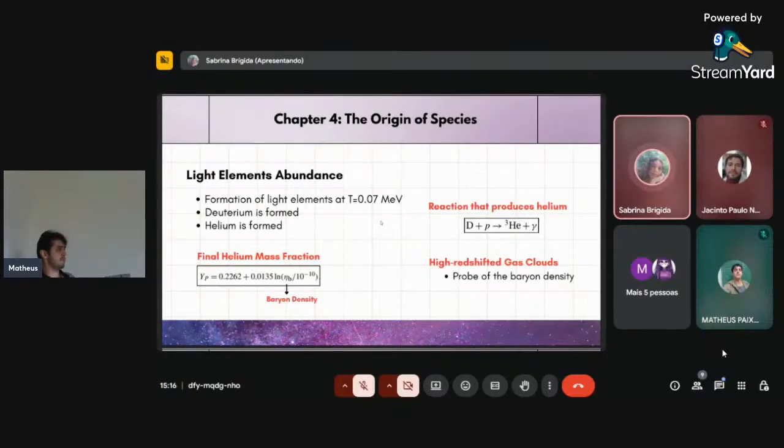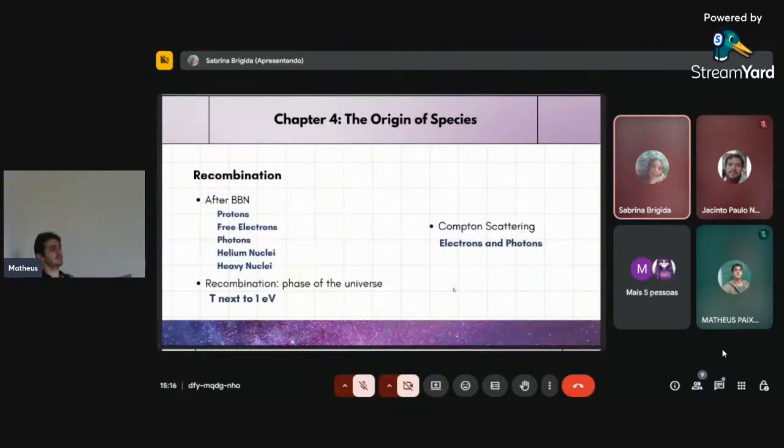This makes deuterium a powerful tool for measuring the baryon density of the universe, since some of the reactions that form helium depend on the interaction between deuterium and protons, and this leads to a dependence on the baryon density at that time. So we can use high redshift gas clouds to probe the baryon density, for example.